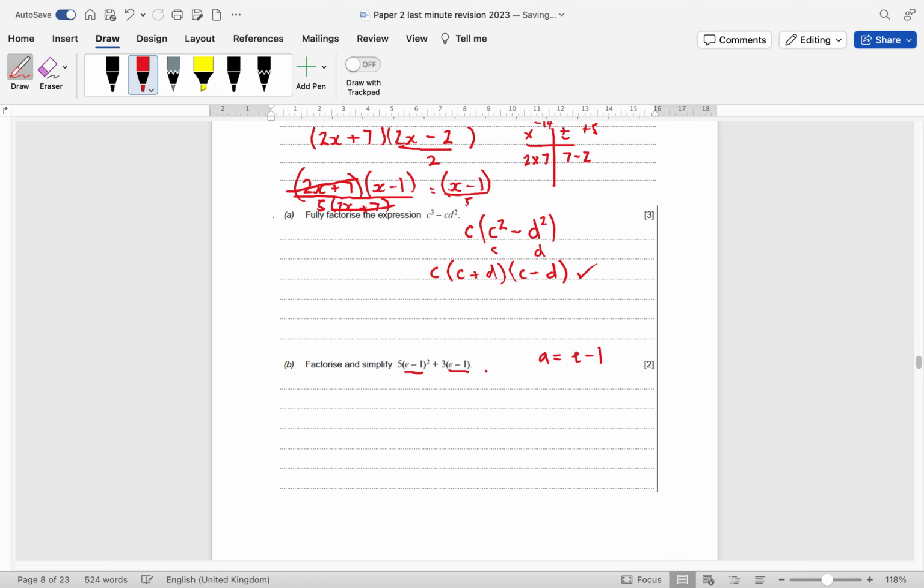You could call it X if you want. But instead of E minus 1, because it's the same bracket, I'm going to write it as A. Call it elephant if you want. 5A squared plus 3A. So I'm just writing A instead of the bracket, but that is what I would factorize. Okay, we would take the A out, and we'd be left with 5A plus 3.